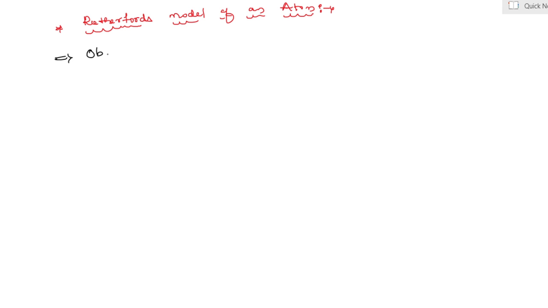Observations. Which observations were made by Rutherford's model of an atom?